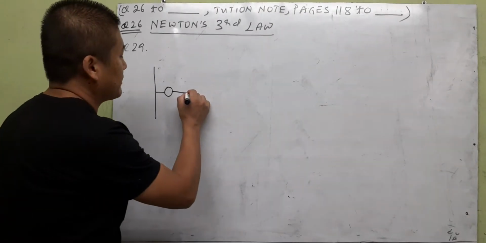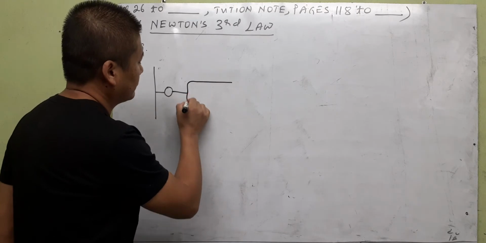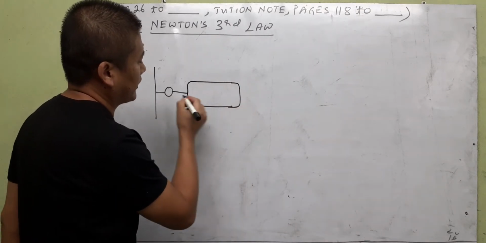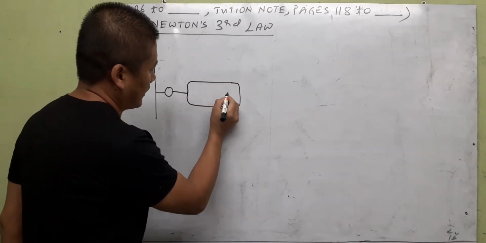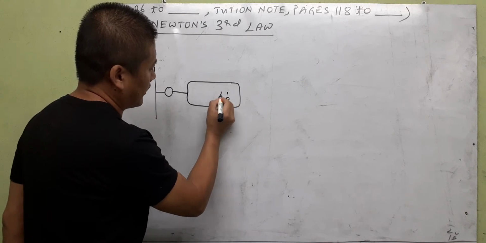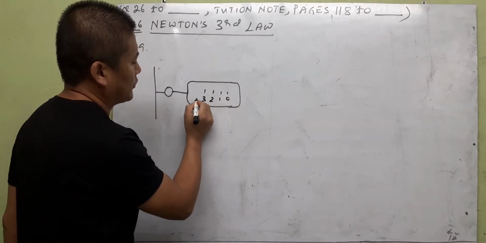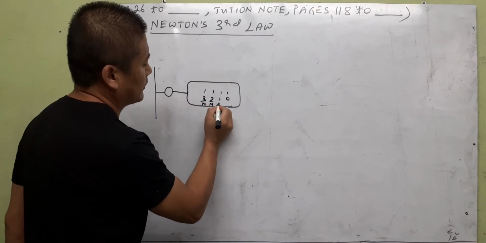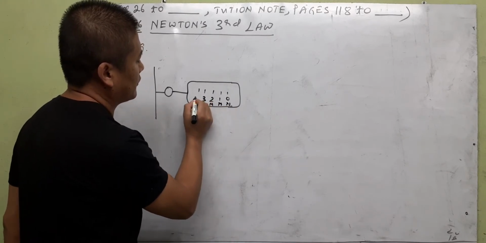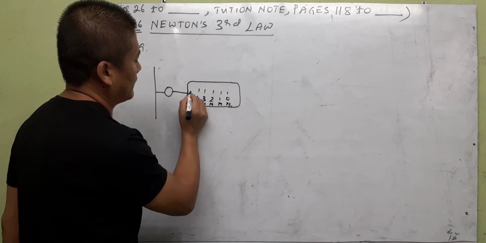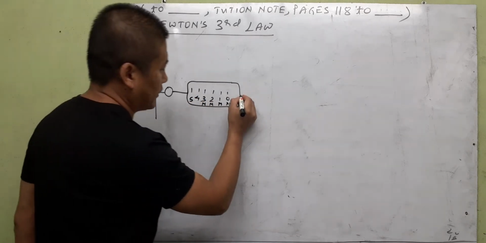So this is the first spring balance, let us say. There is a reading scale here, let us say 0, 1, 2, 3 newtons, like this, 4, 5, whatever. Then you hook it up.